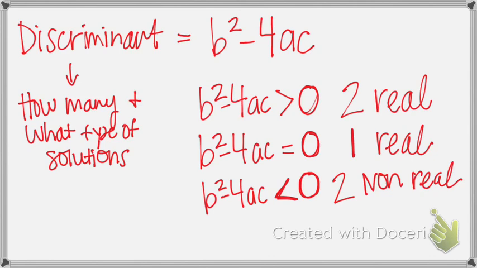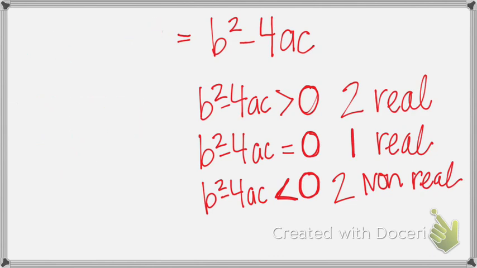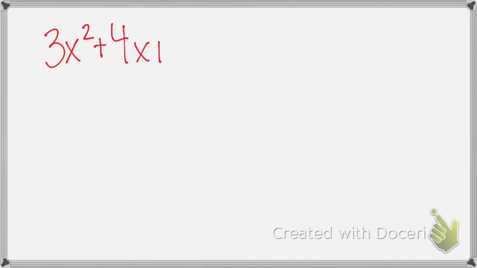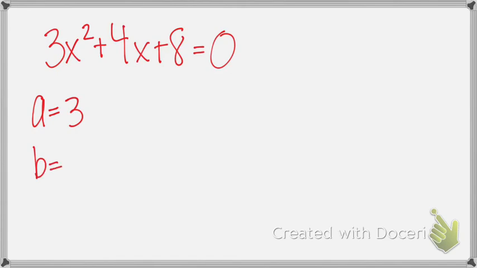So look here. Keep this in mind, because I'm going to erase it because I need some room. Three x squared plus 4x plus 8 equals 0. What's the A value? What's B?